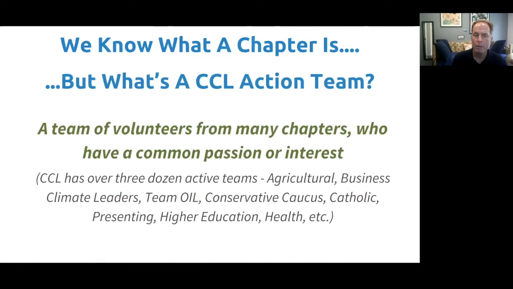We're going to look at all 42 of our online action teams in just a minute, and I'll especially highlight about 3 or 4 that are 100% focused on getting endorsements.